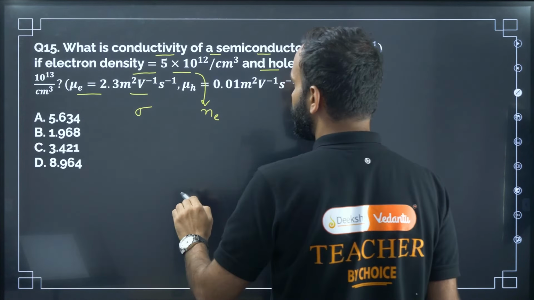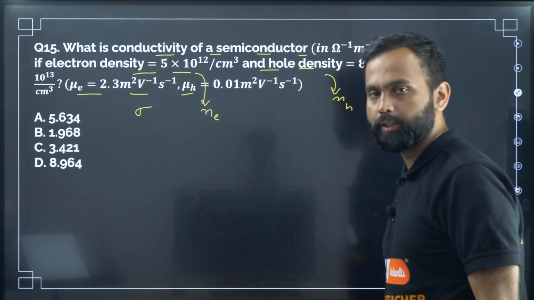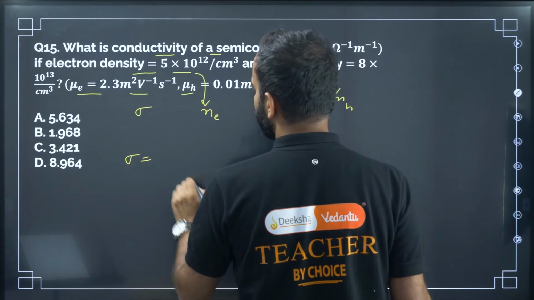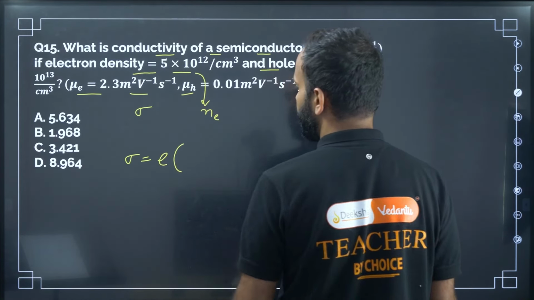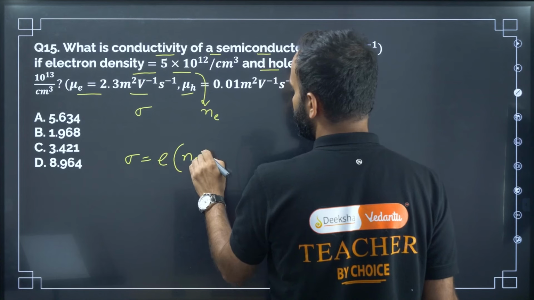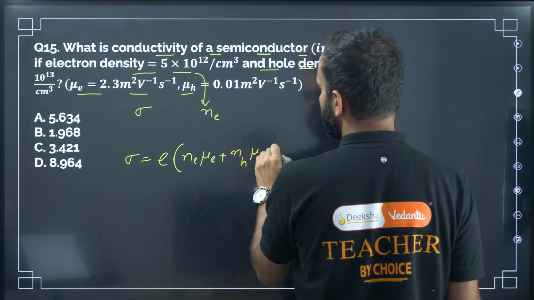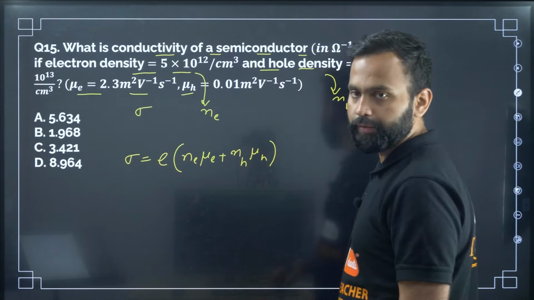Mobility of the electron, mu E, and mobility of the hole are also given. We know that the conductivity of the semiconductor, sigma, is equal to e into (Ne into mu E plus NH into mu H). What is e? Charge of the electron.